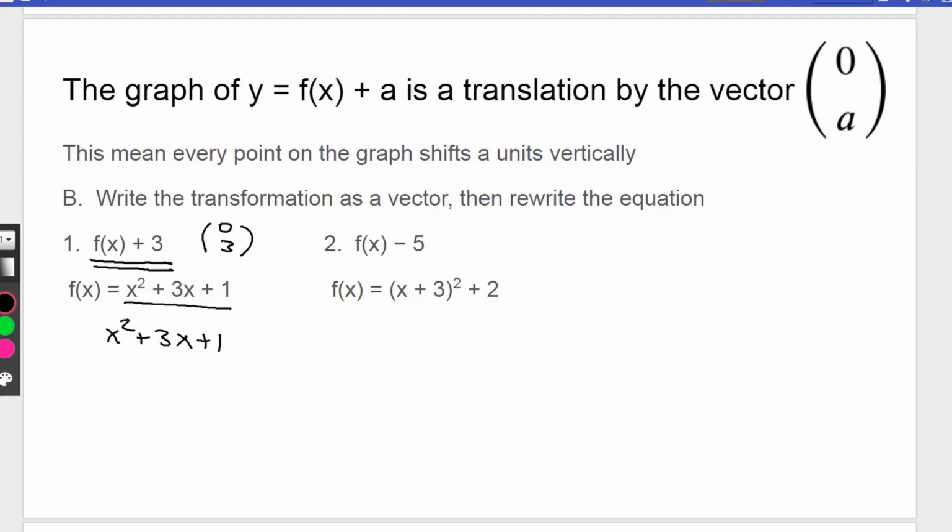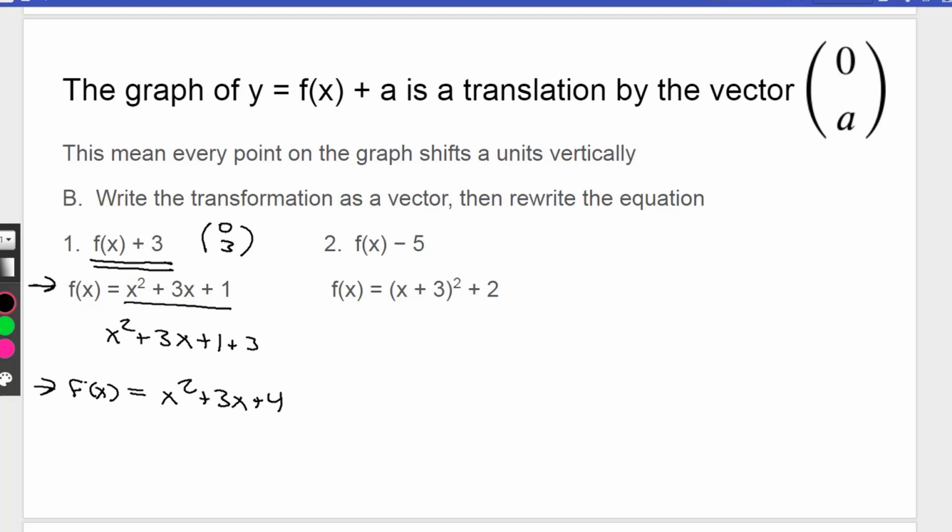I just wrote it down. Now do what it says. Add 3 to the end. If I have this function, f of x equals x squared plus 3x plus 4, it is going to be 3 units higher and exactly the same shape as the original. So get really comfortable with this notation.